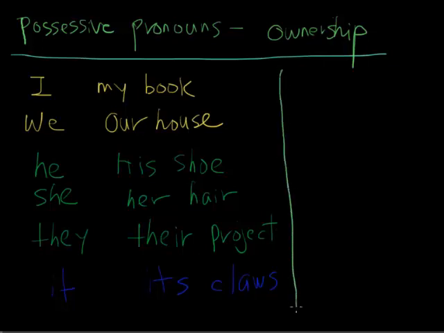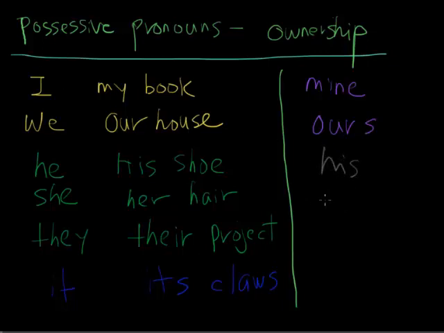Okay. Now, on the other hand, we can also say, instead of my book, we can say that book is mine. Instead of saying our house, that house is ours. Okay, so you can say his shoe, those shoes are his.